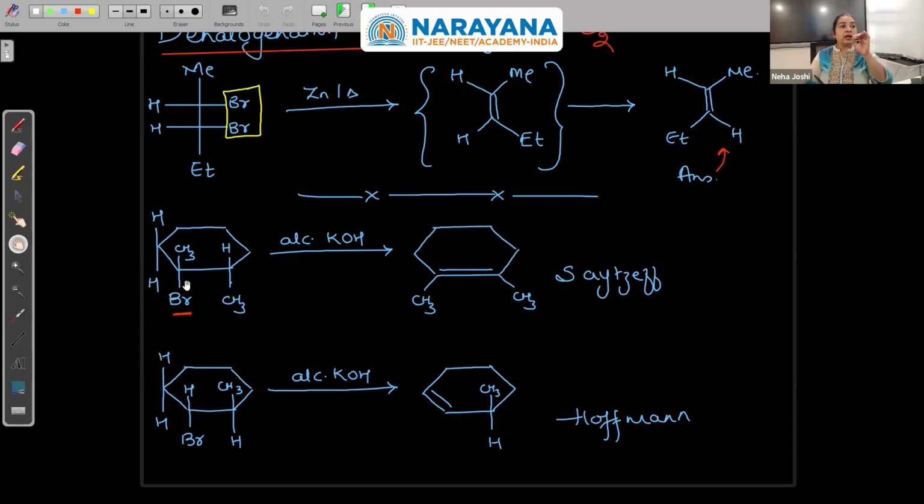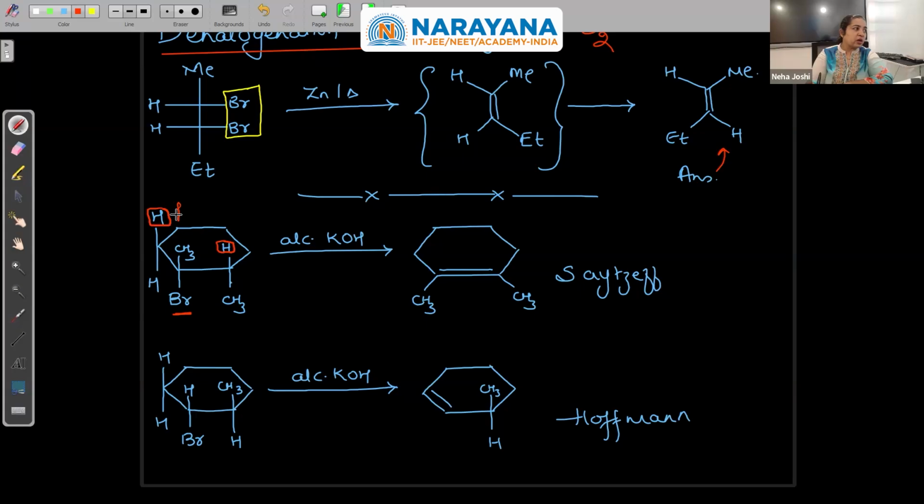Correct? That only and only E2 will take place when the groups to be eliminated are anti. Yes, out of those, if you have a choice of Saytzeff-Hofmann, you select Saytzeff over Hofmann. See here, bromine is here, so I have anti-hydrogen here also and anti-hydrogen here also.